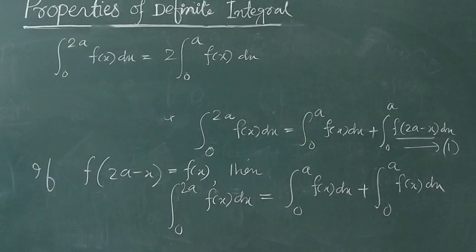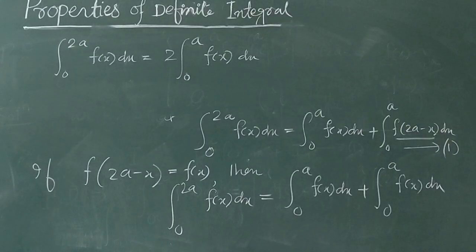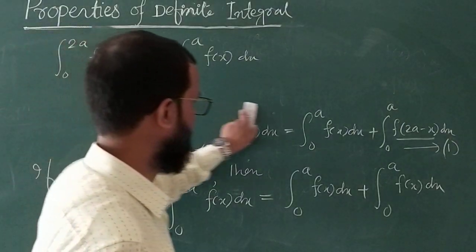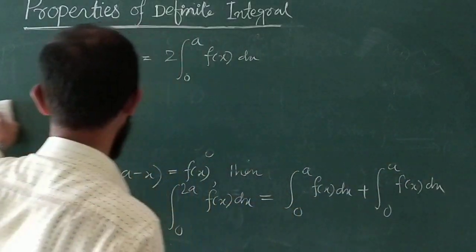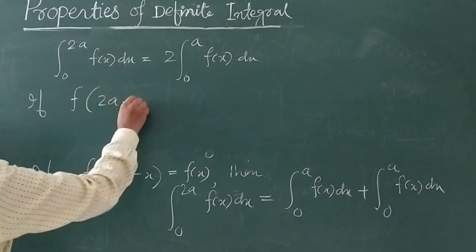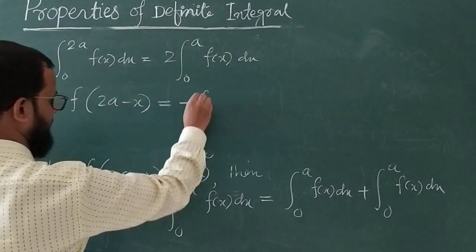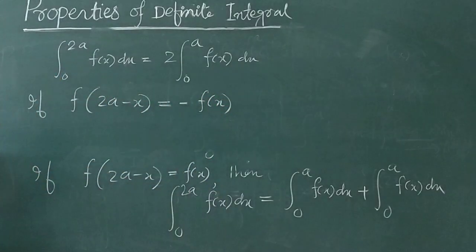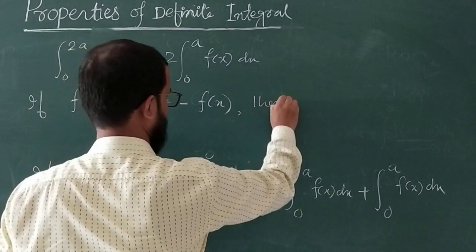Okay, now we are going to prove the second part. What is the second part? In the second part, what is the condition? If f of twice a minus x is equal to, suppose, minus fx, then what will happen?